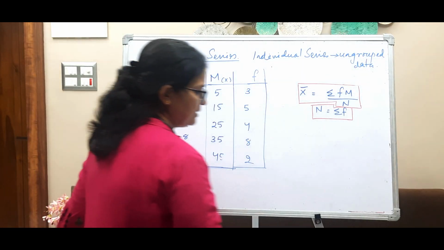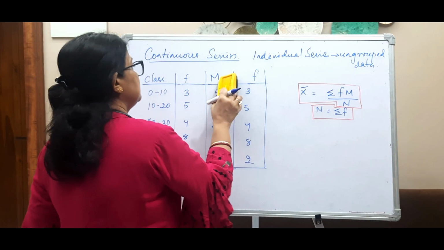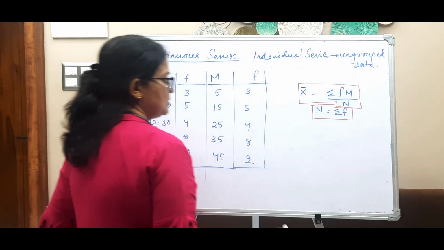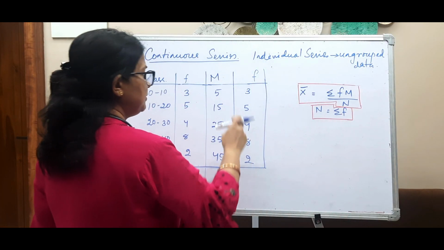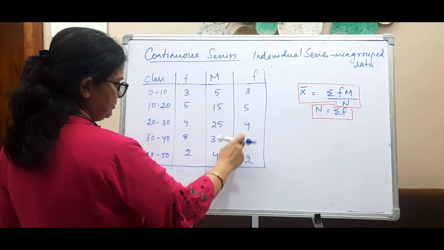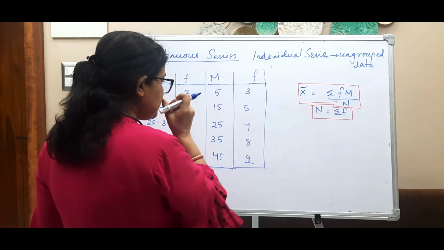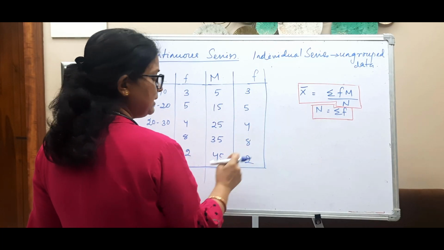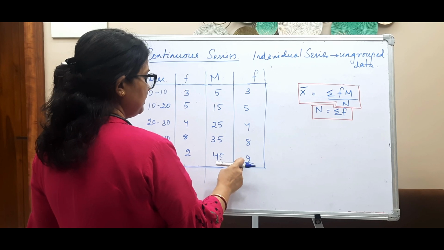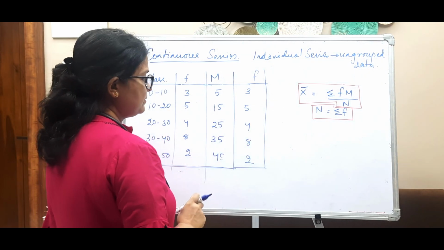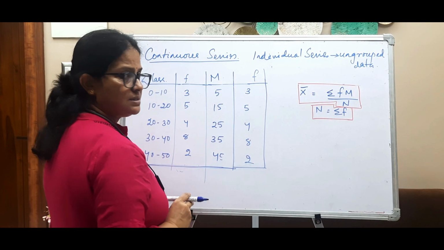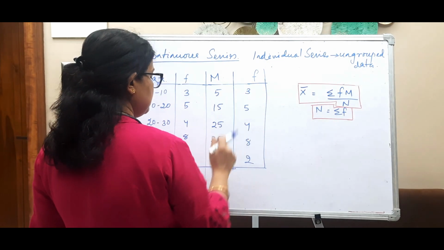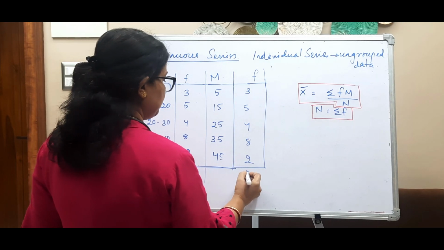Now this is our middle value. First we need to find sigma of f. What is sigma of f? When we go on adding the values: 3 plus 5 is 8, 8 plus 4 is 12, 12 plus 8 is 20, 20 plus 2 is 22.